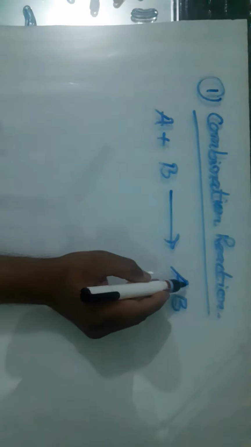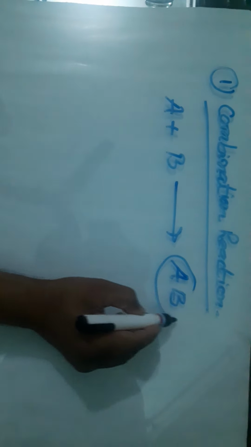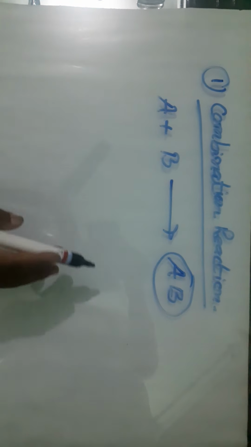Here A and B react together and form AB. As you know, this is the product and these are the reactants.